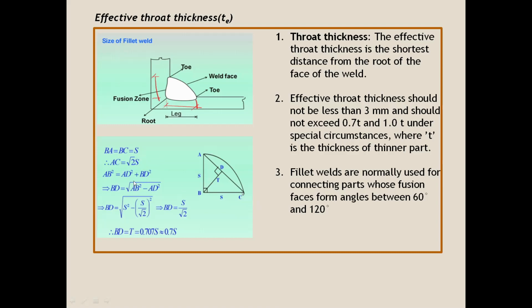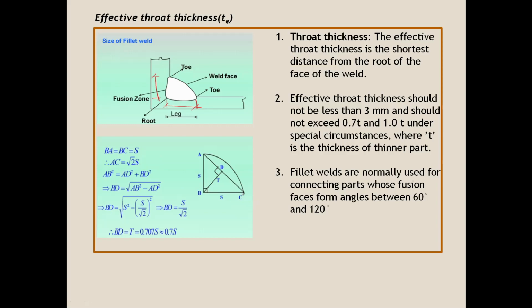Applying Pythagoras theorem, AB square equals AD square plus BD square. BD equals root of AB square minus AD square.